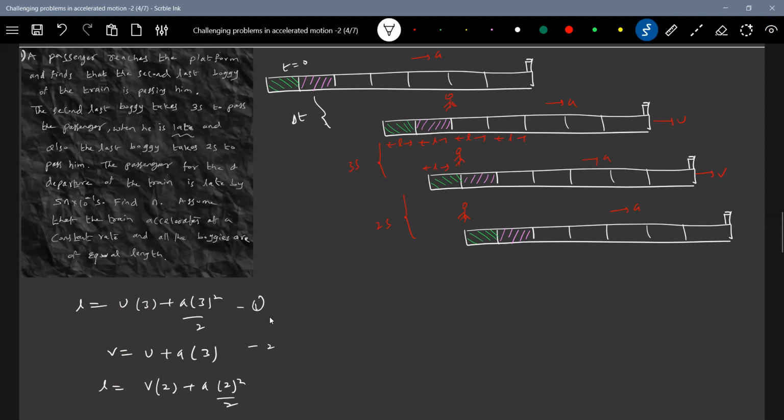Equations 1, 2, 3. Put 2 in 3. When you put 2 in 3, L is equal to v into 2 plus 2a, where v is u plus 3a, so 2u plus 6a plus 2a.